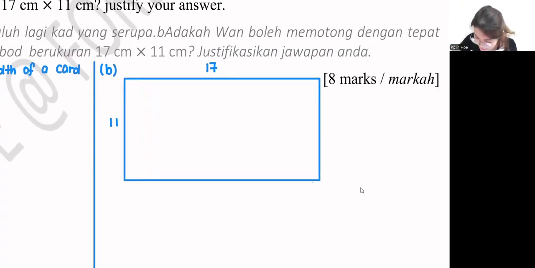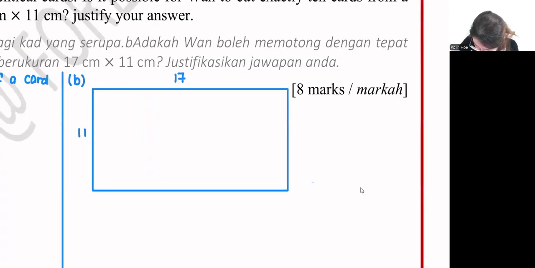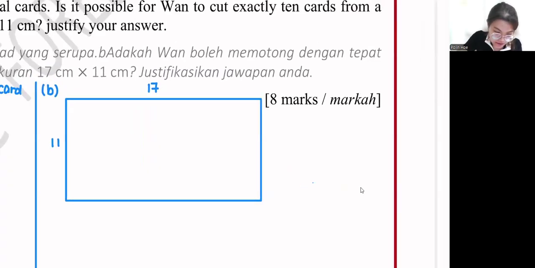Now my small cut is like this. From part A, I know that my small cut is 7 and 2.5. Can I substitute back everything in?